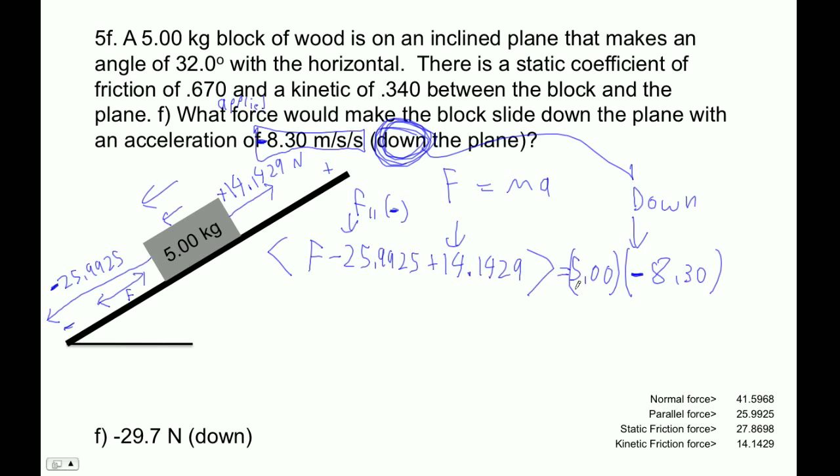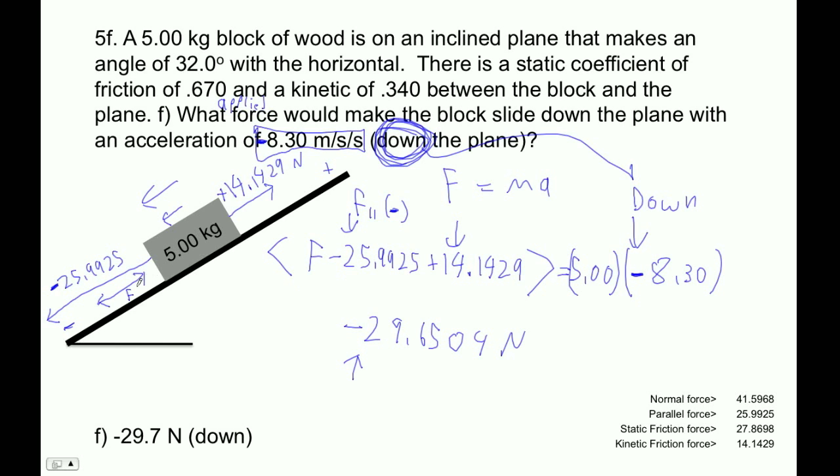Let's see. We've got 5 times negative 8.3, minus this guy, plus this guy. And what do we get? Negative 29.65, and then some change, 0.4 roughly, newtons.